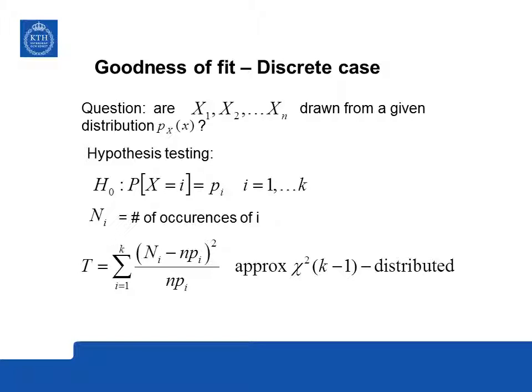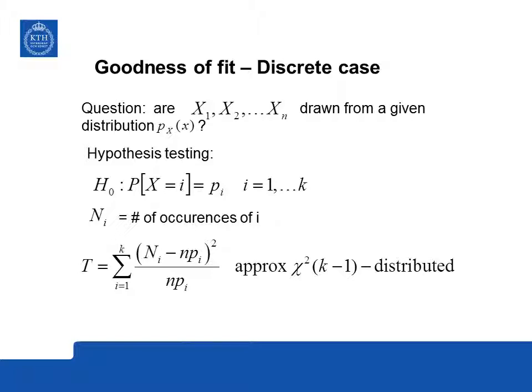We can clearly see that if the Ni is very close to the NPi, if the number of occurrences in our sample is very similar to the number of expected occurrences, then the sum will take a very small value, and the hypothesis is likely to be true. But if the discrepancy is big, then the squares will become large positive numbers, so T will take a large value.